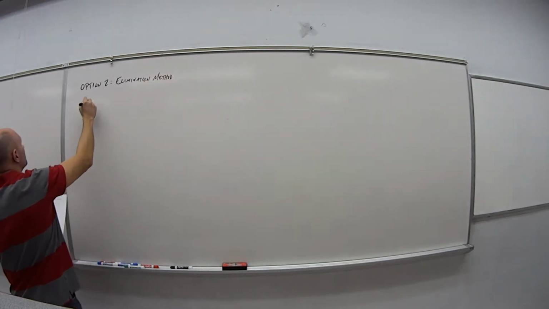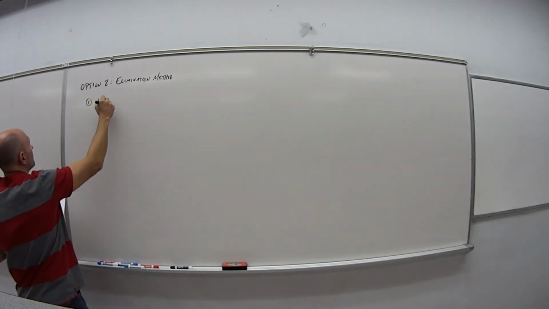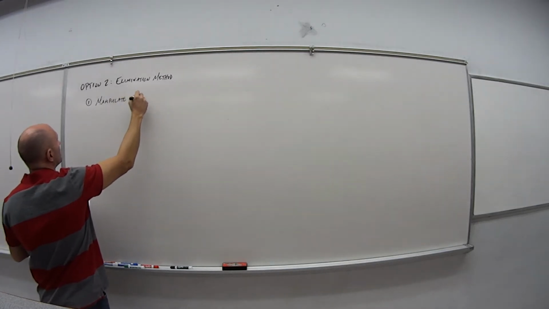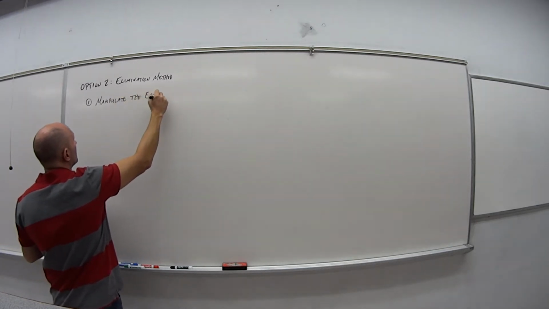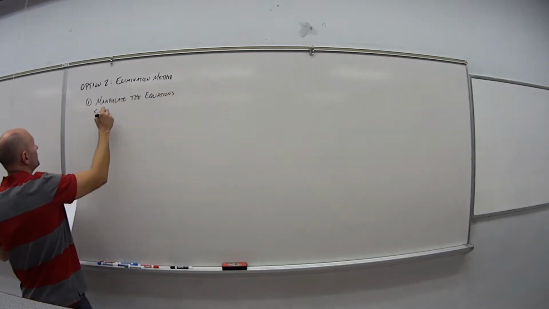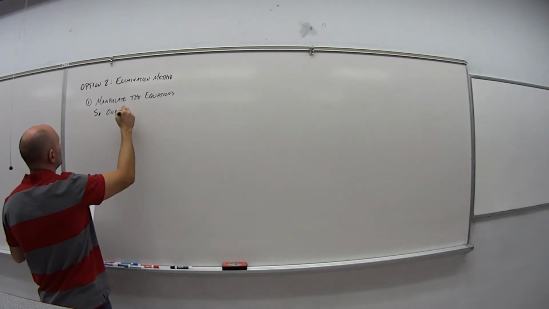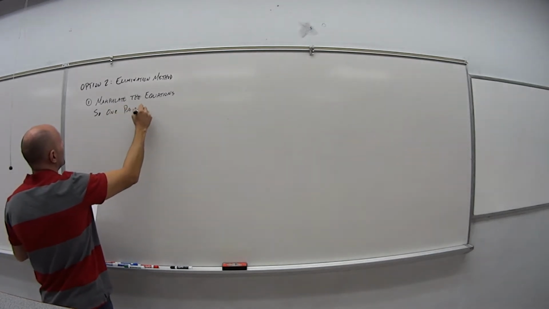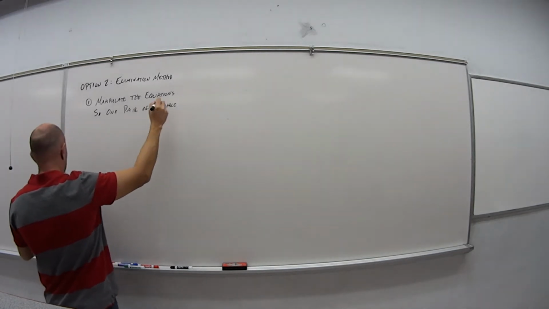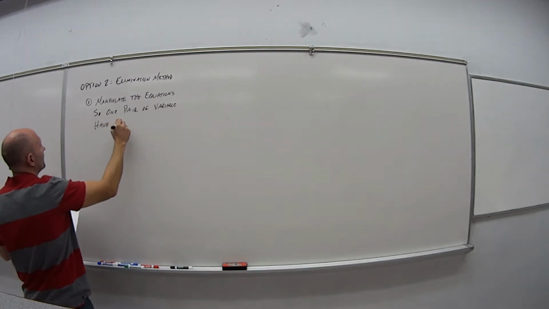So the steps for this are as follows. We're going to manipulate the equations so one pair of variables, either the x variables or the y variables, have opposite coefficients.